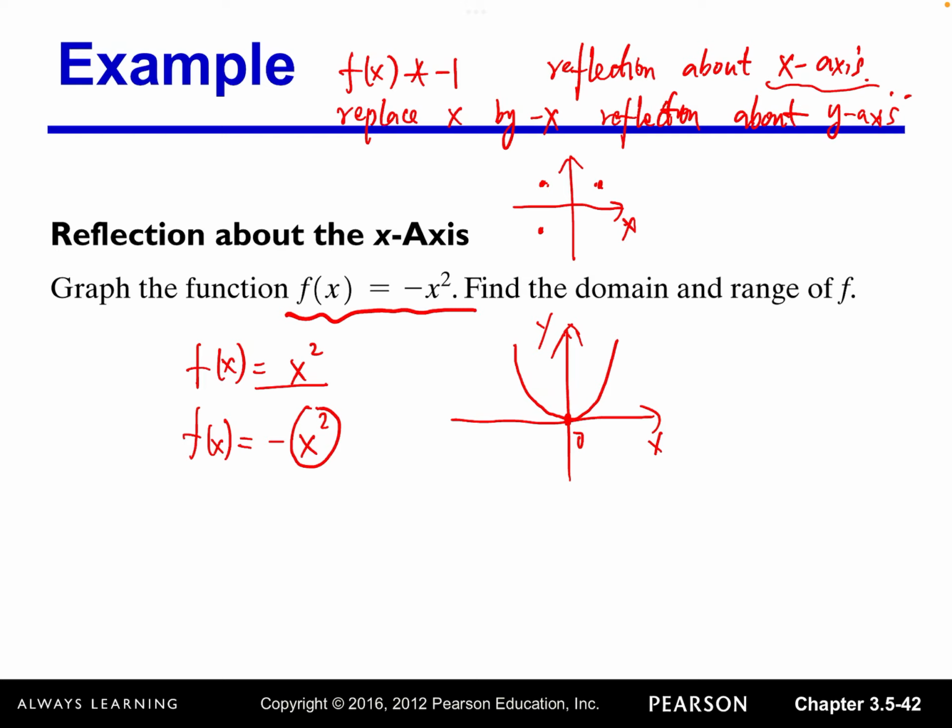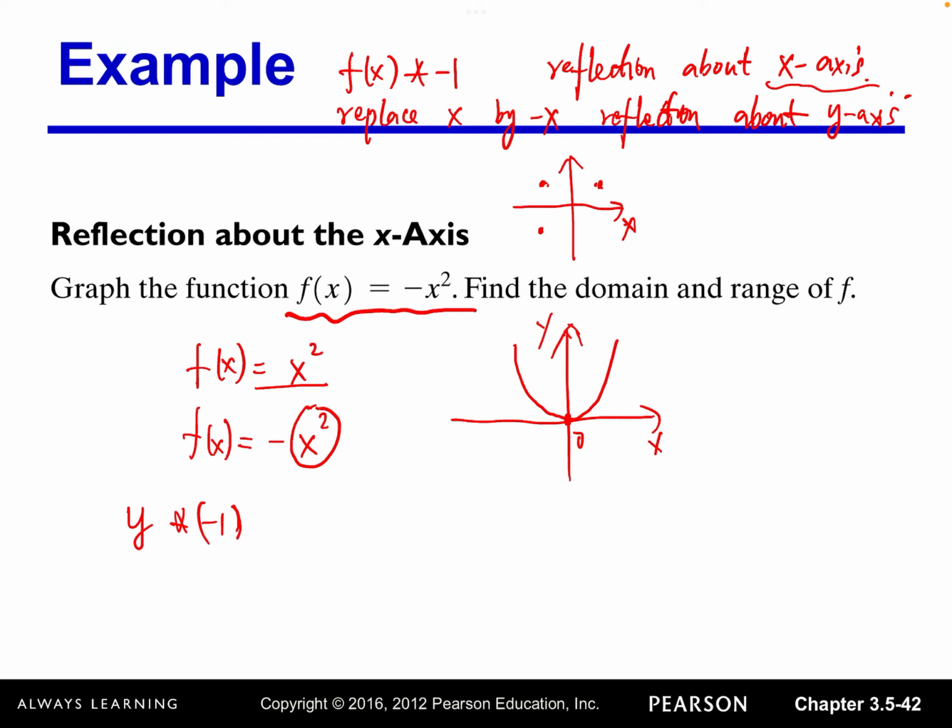Okay? So f of x times -1, that's y times -1. Same, right? f of x times -1, y times -1, that's the same. So that's reflection about the x-axis.